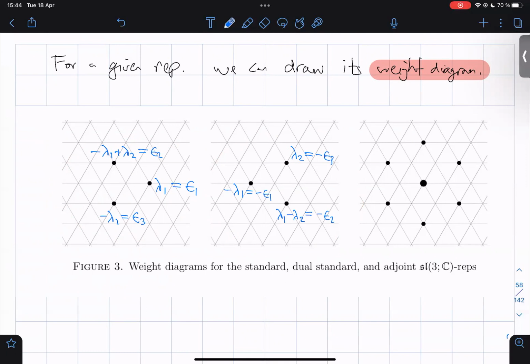In the adjoint case, here's lambda 1 plus lambda 2. And of course, this is the zero weight.